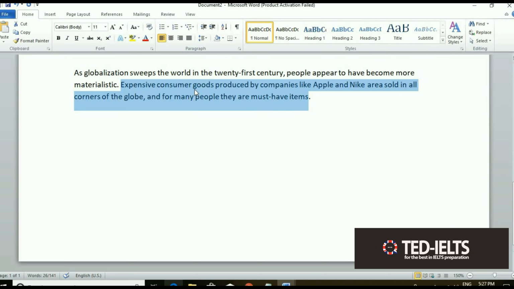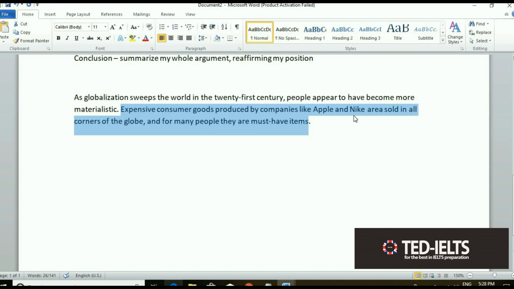You can see I've said expensive consumer goods rather than popular. I've given these examples of Apple and Nike because I think I will come back to them in the next paragraphs and talk about them. They're sold in all corners of the globe, so it's just a more interesting way than saying around the world. And for many people, they are must-have items. Must-have, this can be used as an adjective, meaning everybody wants it.